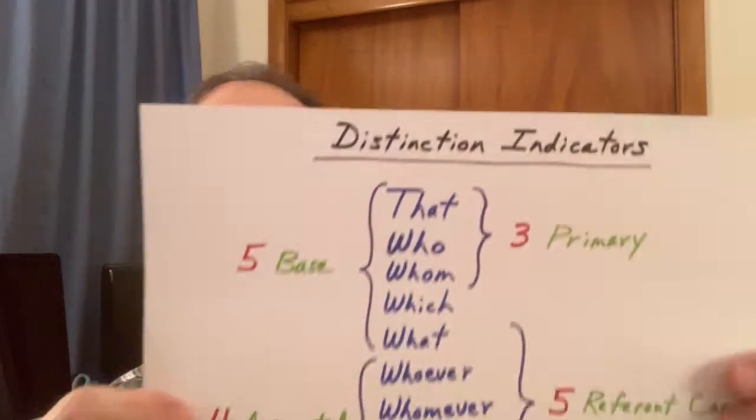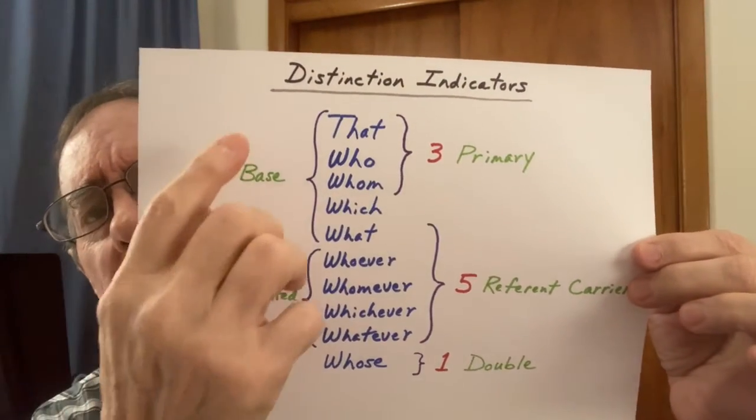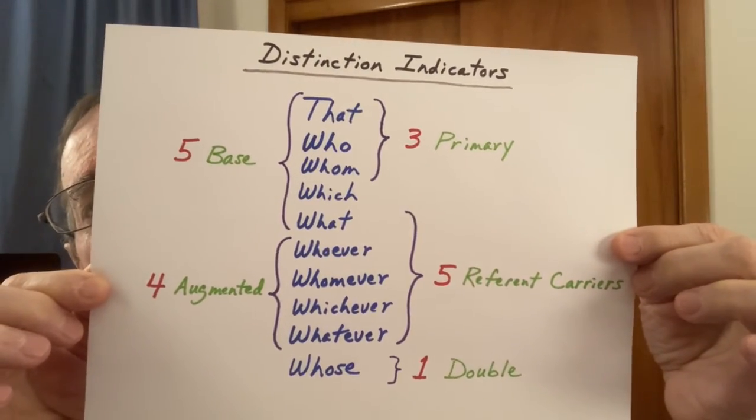Now, when I talked about distinction phrases and clauses, which ordinarily would be called relative clauses, but I don't call them that, the key word with your distinction clauses, which are indicated by a distinction indicator, is reference. Reference is very, very important. Of course, you can't have these clauses and phrases without it.